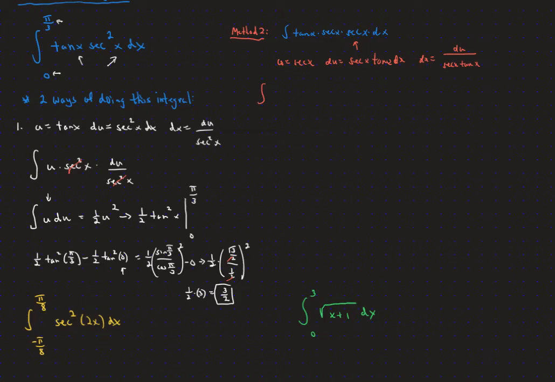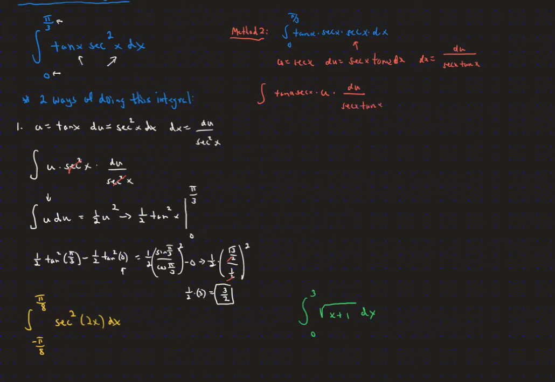So our integral, and this integral is also still going from 0 to, what did we say, pi over 3. So we're going to call that tangent x secant x times, we're going to call that second secant x u, the dx is going to get replaced by du over secant x tangent x.